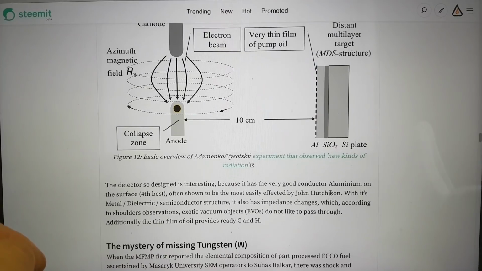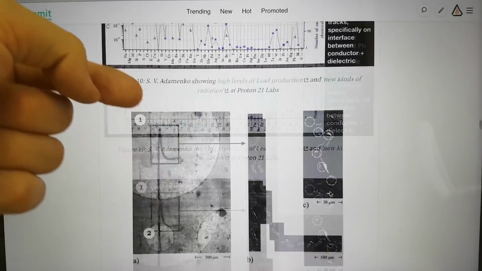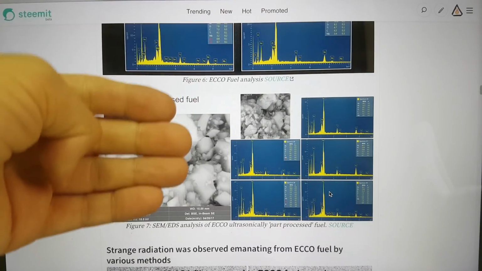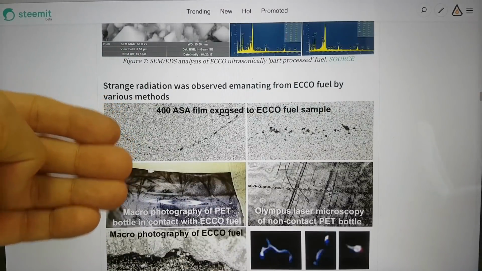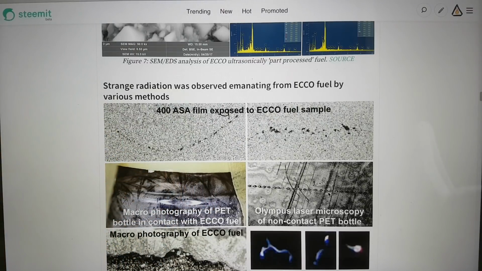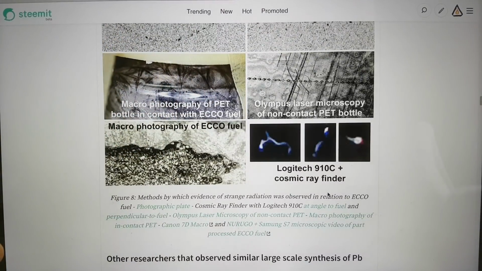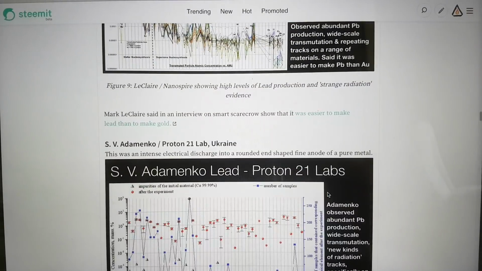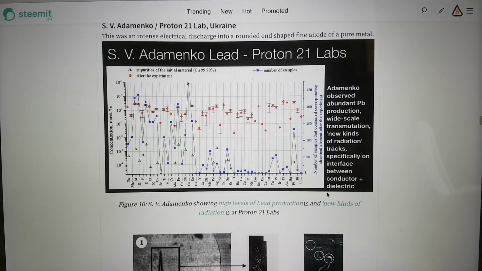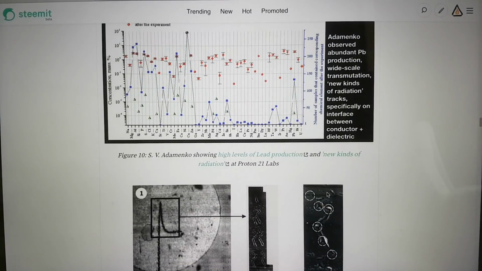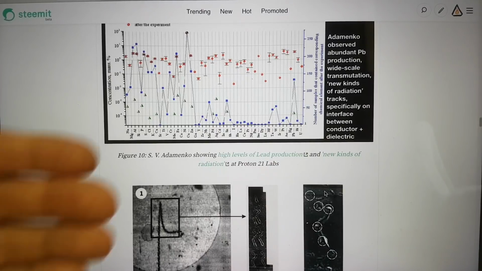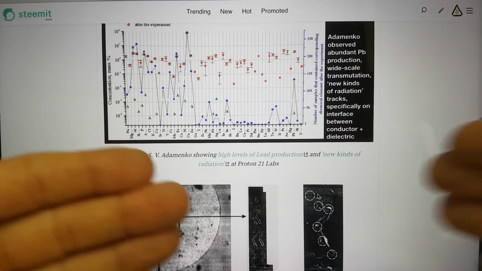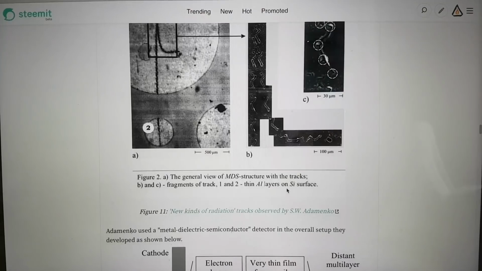So essentially what we're seeing in each of these cases is production of heavier elements and specifically large-scale production of lead in combination with these kind of what I'm calling strange radiation tracks. And these seem to be, I would say, the telltale that you are able to create active material, or you've gone through a process that is able to transmute matter.